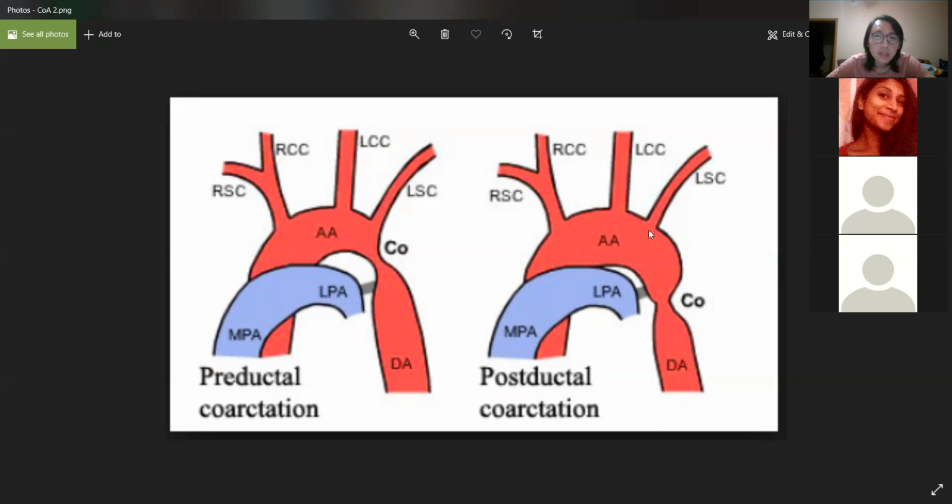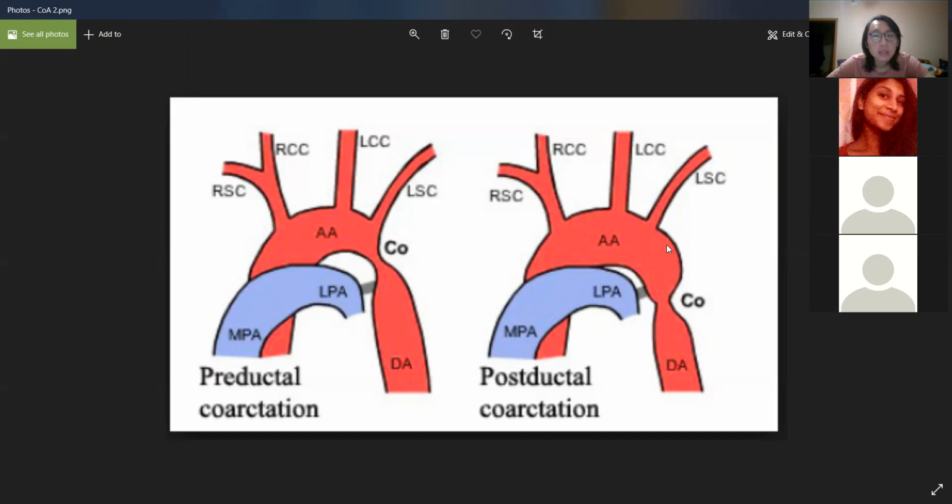Because there are blood vessels that go towards it, as it moves closer to the narrowing, the blood pressure proximal to the narrowing can increase, and after the narrowing it will decrease.